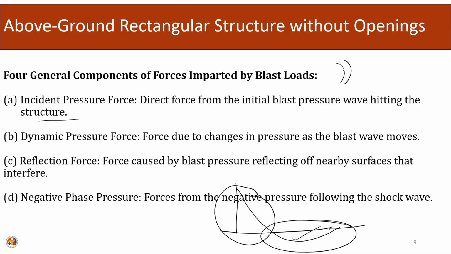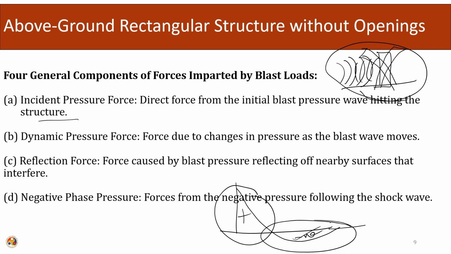Let us say the positive phase is hitting the structure like this, and the structure is trying to bend like this. After that the suction occurs, so the structure will try to bend in this fashion. So, in design we have to take this into account. We have to take into account both the positive and negative phase duration.